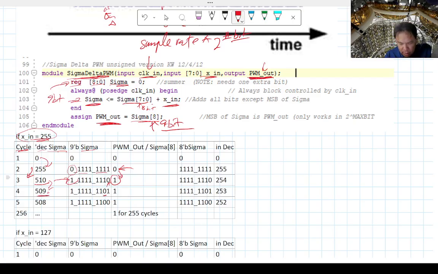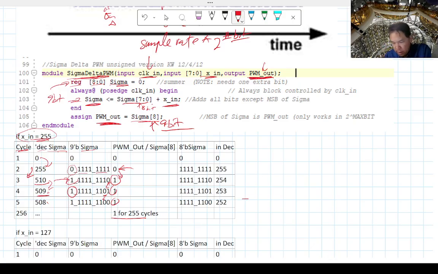Basically this little bit gets shifted up one at a time. But this number is still bigger than 255, therefore the 9th bit is still staying at 1. So this is going to stay at 1 from cycle 1 to cycle 255, meaning 254 of the cycles are going to pulse high.